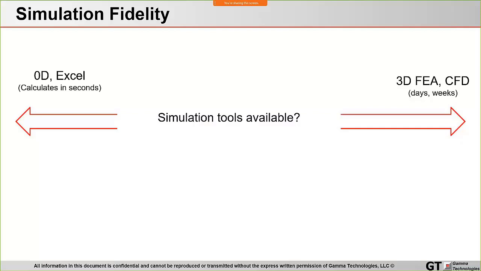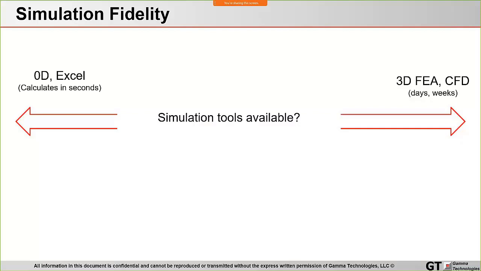And these typically calculate on the order of seconds or so. And then there's also the other side of the spectrum, which allows engineers to really focus on deep physics, including the 3D finite element analysis, CFD, conjugate heat transfer, and things like that in 3D. But this can take a simulation to finish on the order of days or even weeks, depending on the scale of the problem.